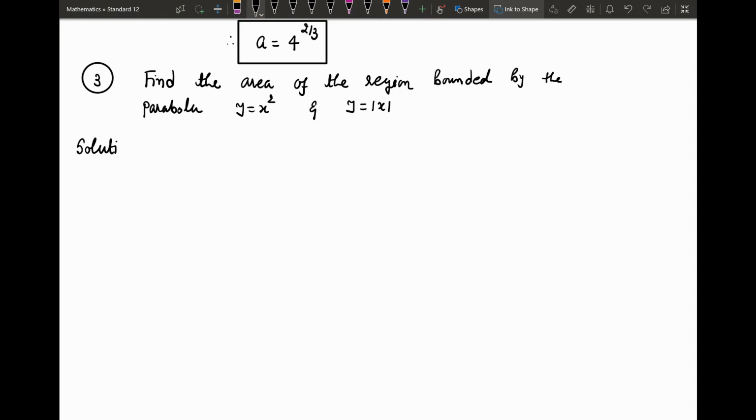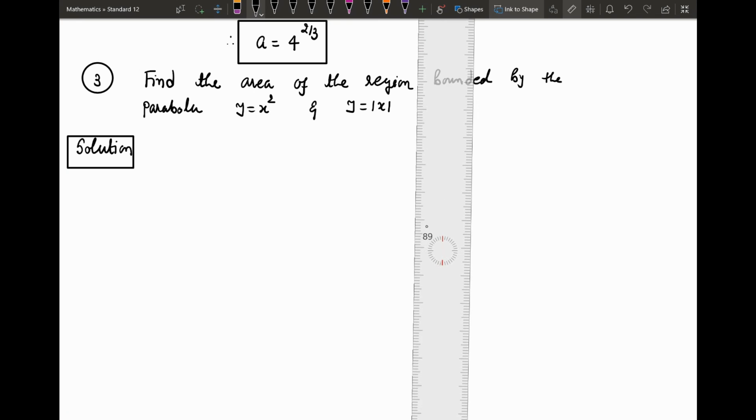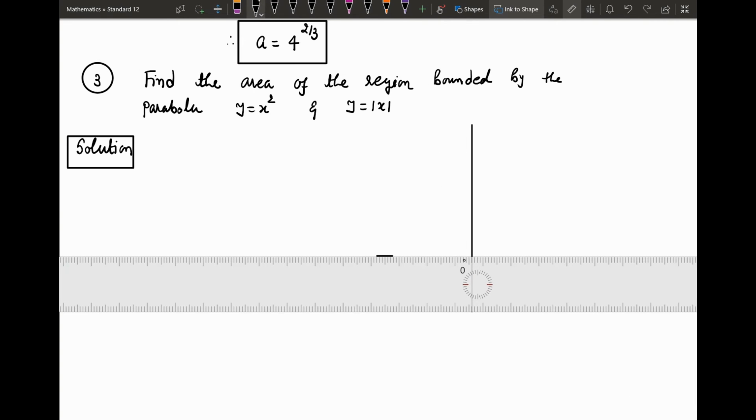So let us discuss the solution. Now y equal to x square, so it is a parabola. Y equal to x square, square is positive, y positive, so the parabola lies in the first and second quadrant.